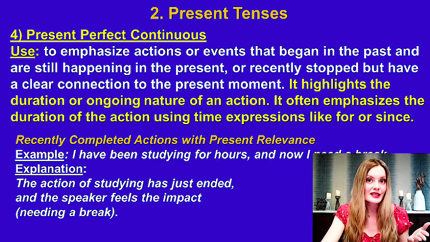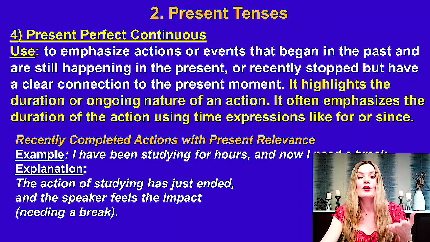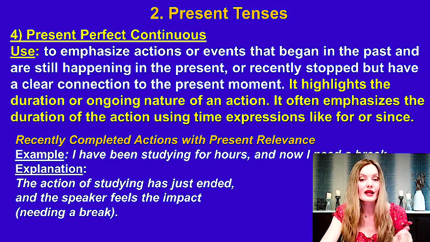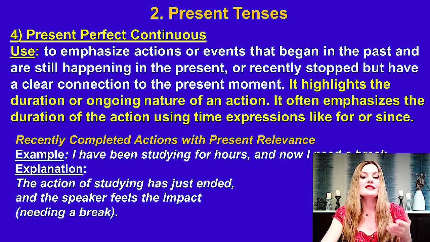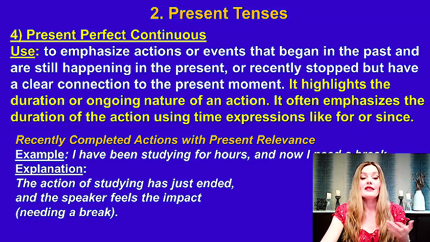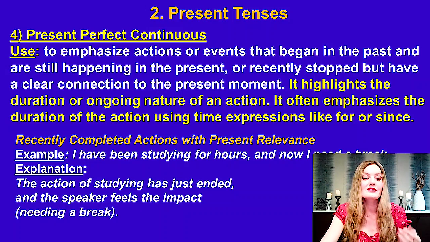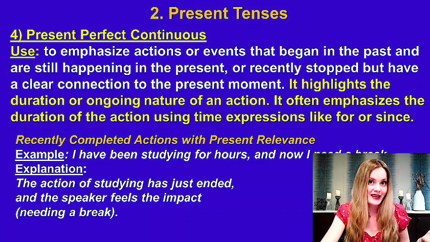Or present perfect continuous describes recently completed actions with present relevance. For example, I have been studying for hours and now I need a break. The action of studying has just ended and the speaker feels the impact, needing a break.